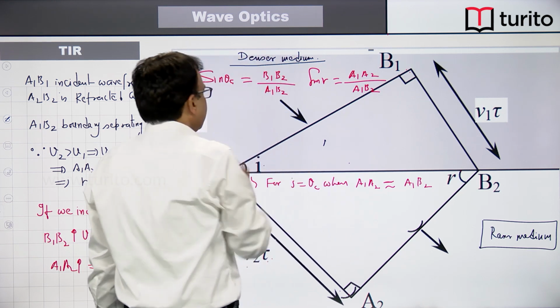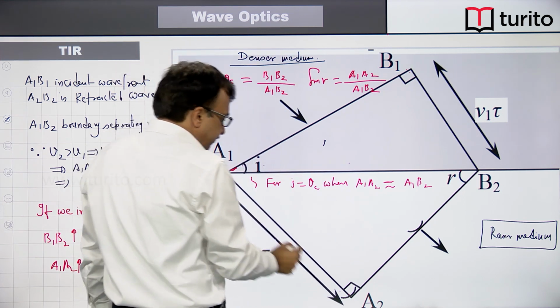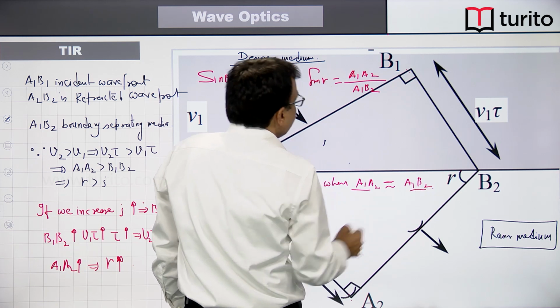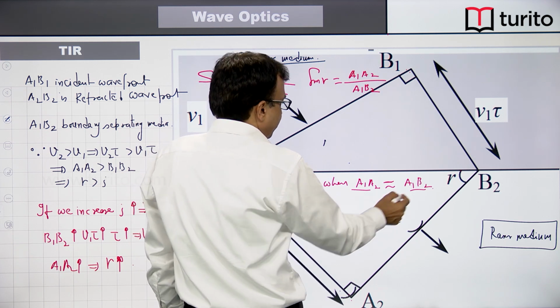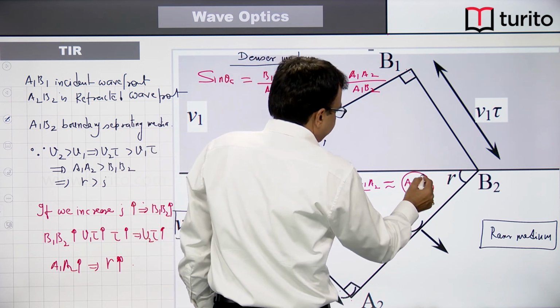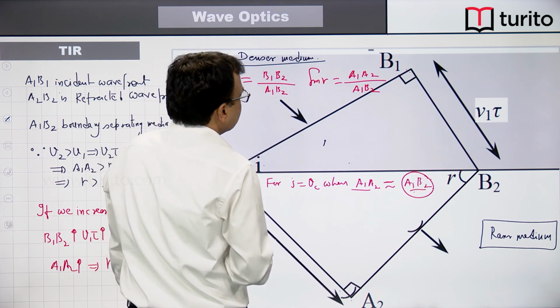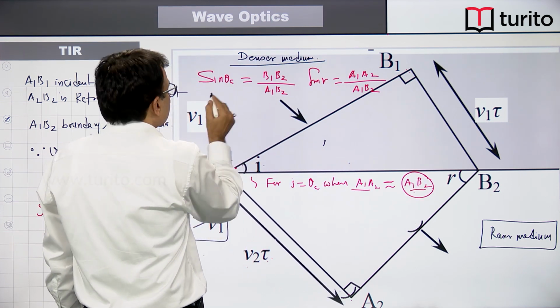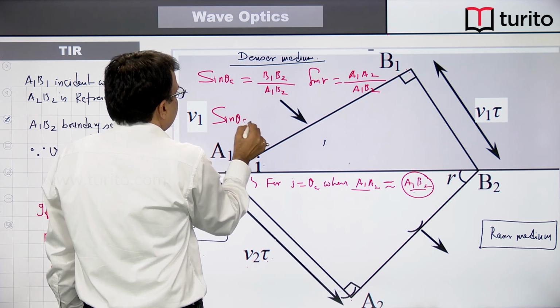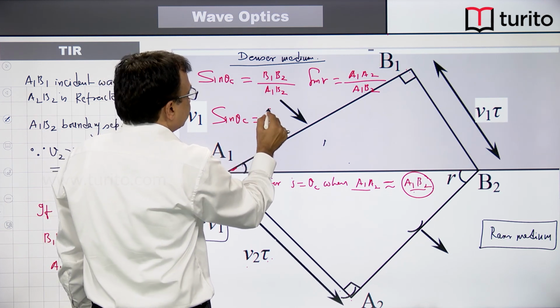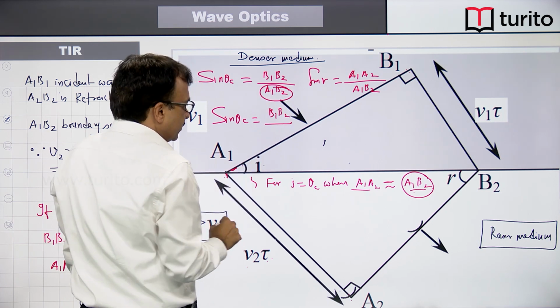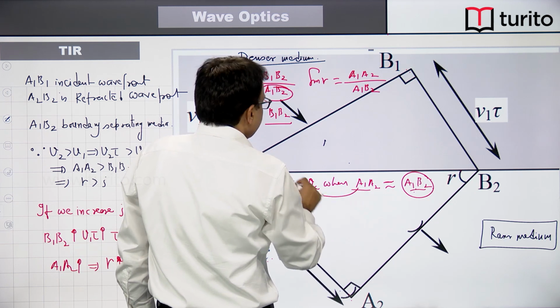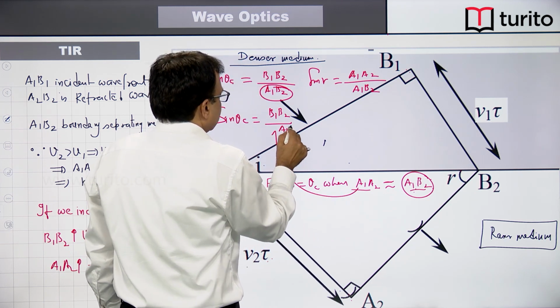But when the angle of incidence becomes theta c, this A1 A2 becomes approximately A1 B2. So, in place of A1 B2, sin theta c equals B1 B2 upon A1 A2, which I am substituting for A1 B2.